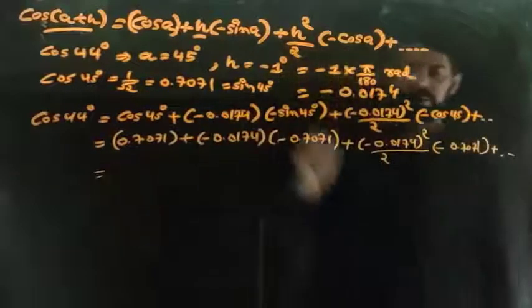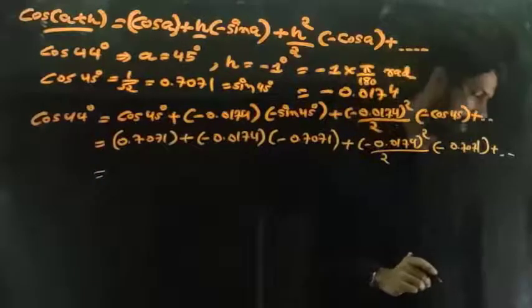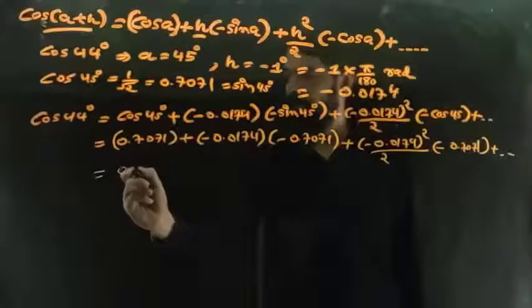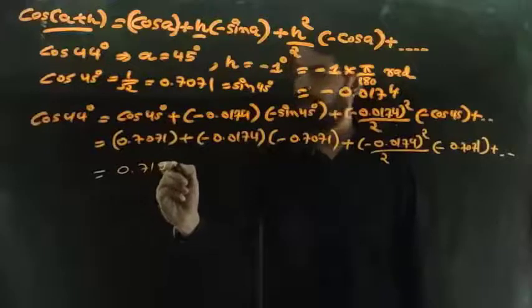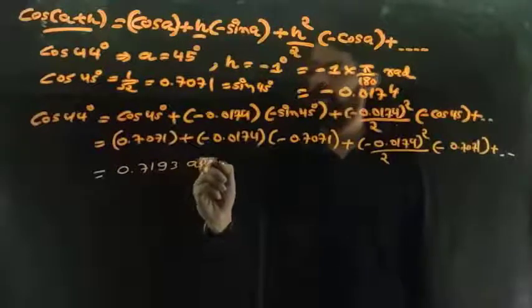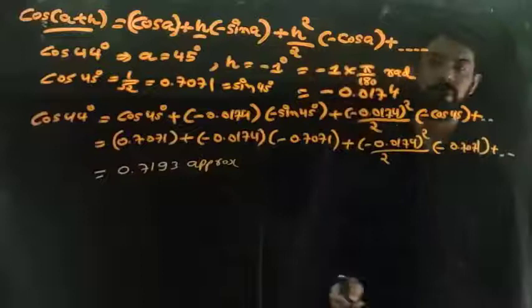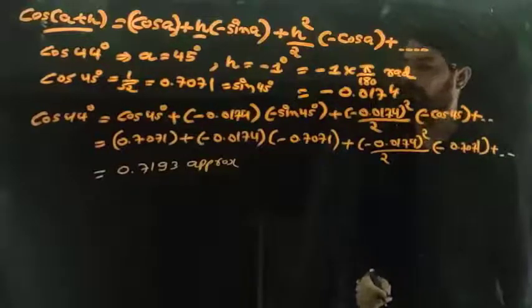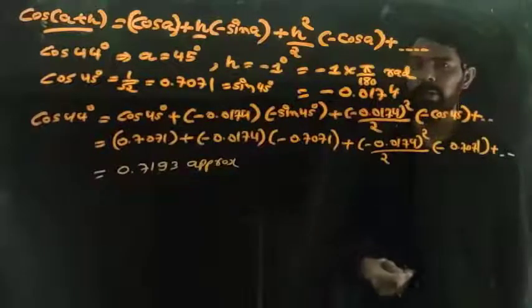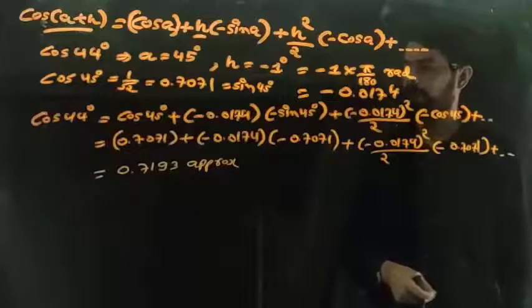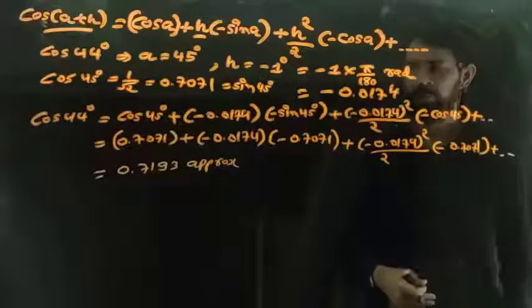If we simplify this, the final answer will be 0.7193. So this is our approximate value of cos 44 degrees. Hence this way we can evaluate values for different angles.